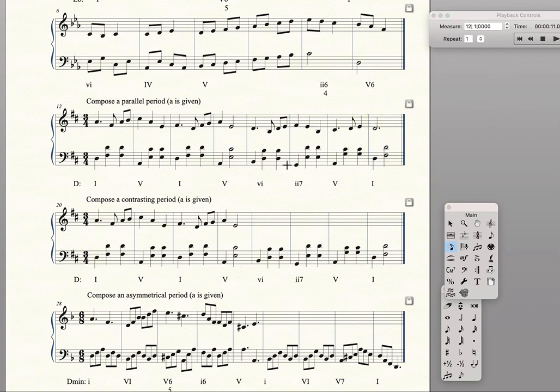Right? Works just fine. If we wanted to, we could change this here to be something else.